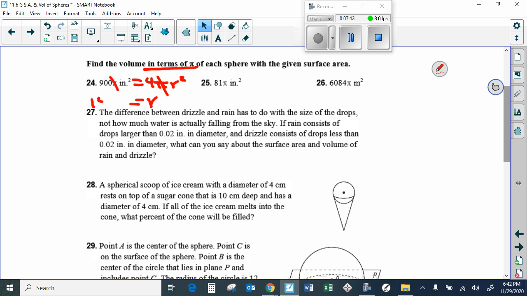If you memorize your squares from 11 to 25, you'd know that. So r is 15. Now I take that and find the volume. Volume is 4/3 pi r cubed. So now I take that 15, cube it, multiply by 4, divide by 3, and leave pi in your answer.